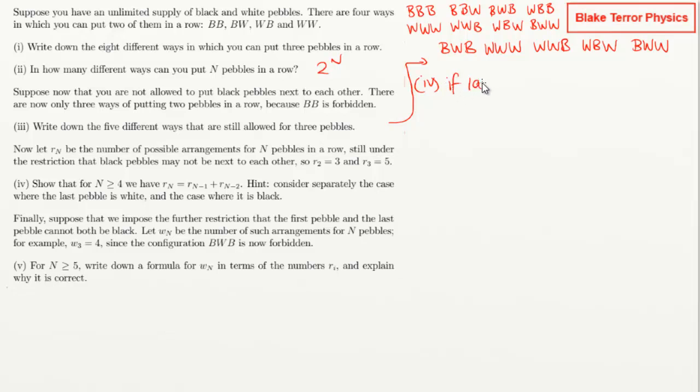So if the last pebble is white, then we've got no restriction on the one next to it. That must be what they're getting at, because that's the only reason we'd look at the last pebble. There's no restriction on the next to last pebble.